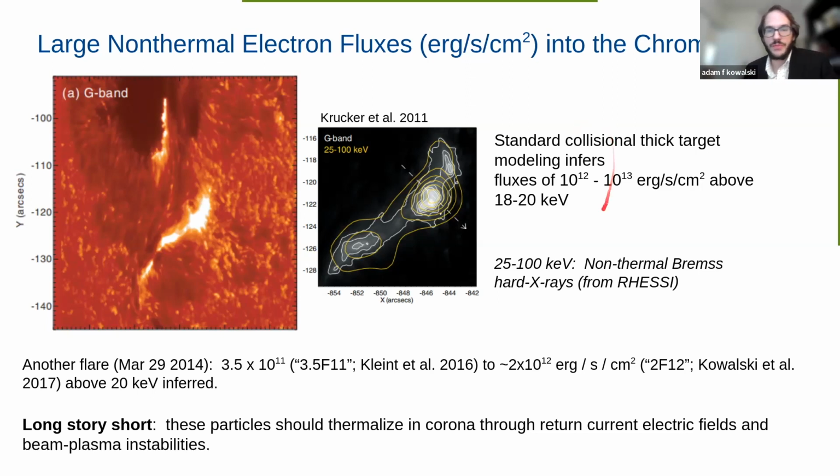In the middle, I show in contours the hard X-ray non-thermal Bremsstrahlung radiation from the beams scattering off protons in the chromosphere, which is a non-thermal process. And the image on the left is the thermal response due to the energy loss through Coulomb collisions with the electrons in the chromosphere.